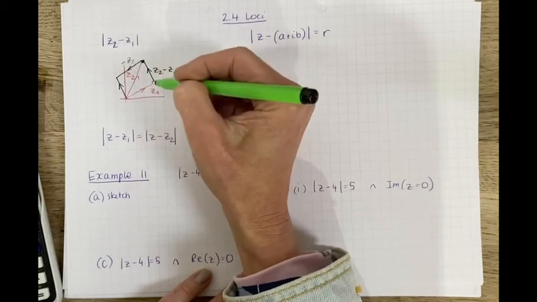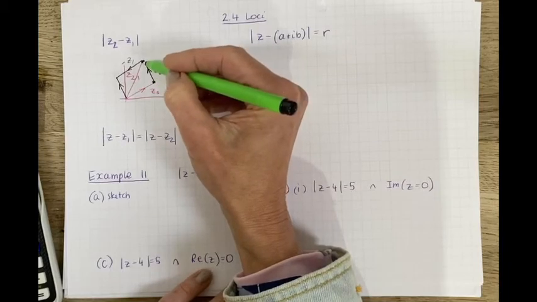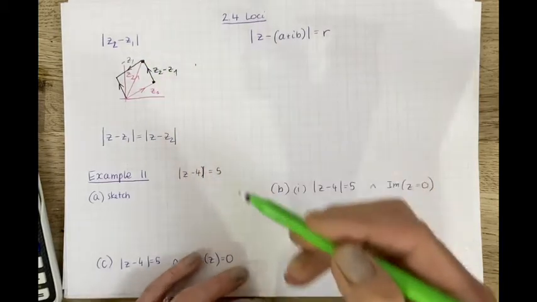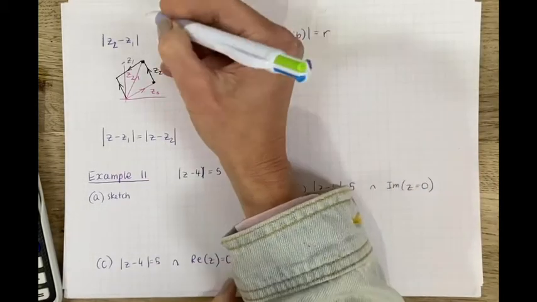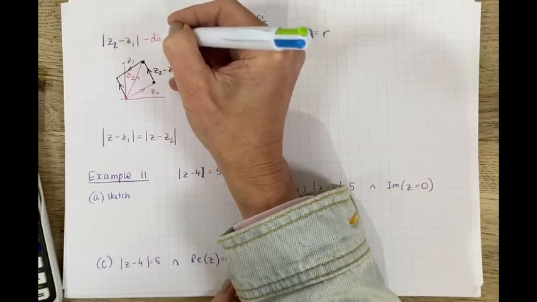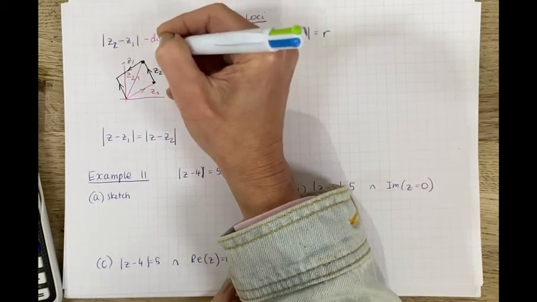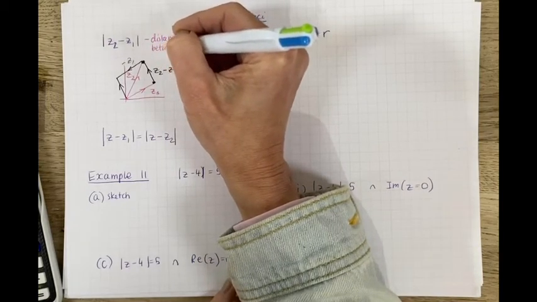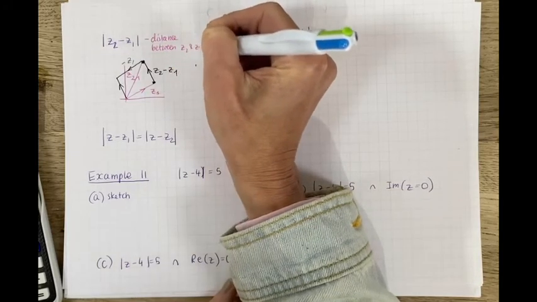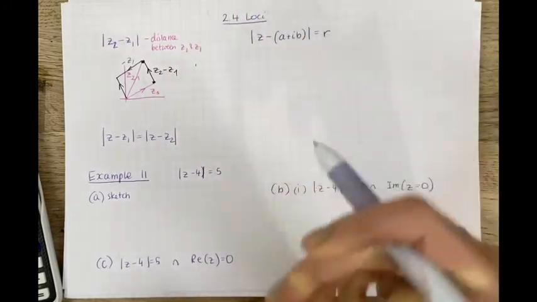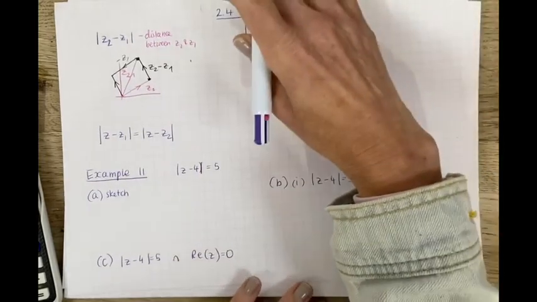You're only interested in the journey that it takes you from the end of z1 to the end of z2. So if you take the modulus, that gives you the distance between z2 and z1.